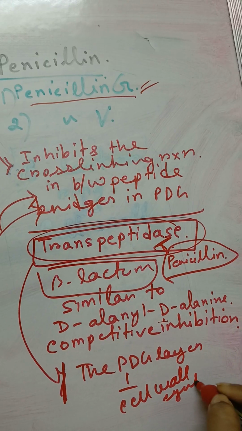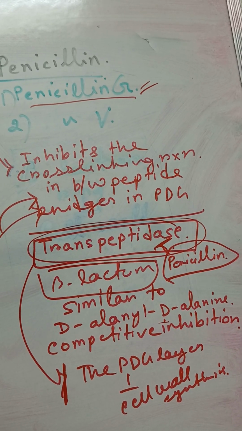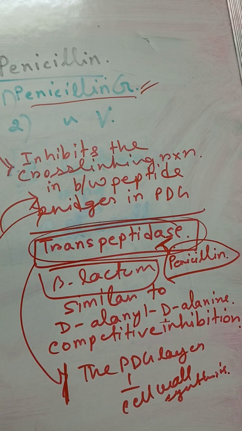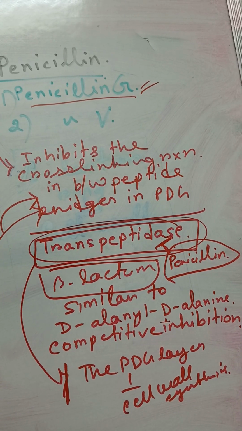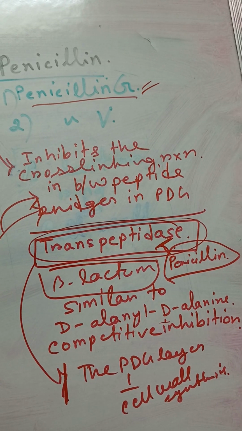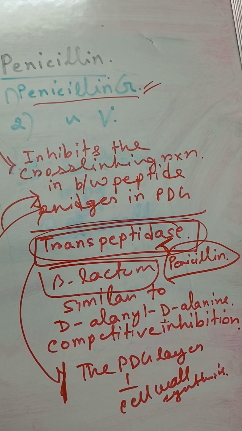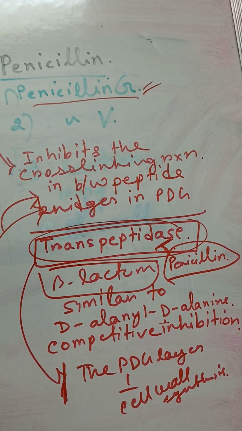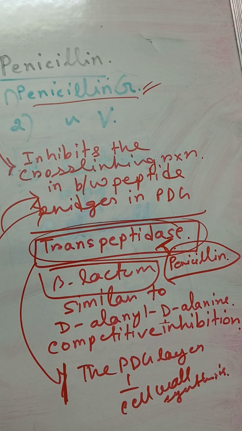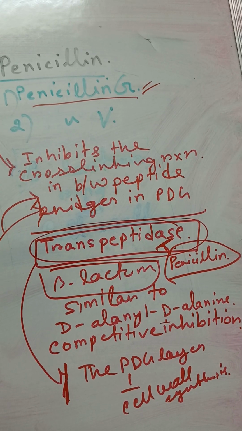Now there is another very important thing you have to remember: in case of the bacteria, the formation of the PDG layer is in a process. The process is on right now. It means the bacteria is actively growing. If a bacteria is actively growing in its exponential phase, or it's actively growing in a medium right now, it means its growth is not completed yet.